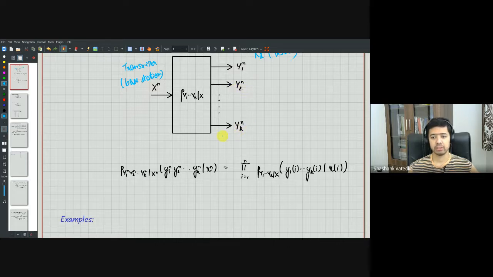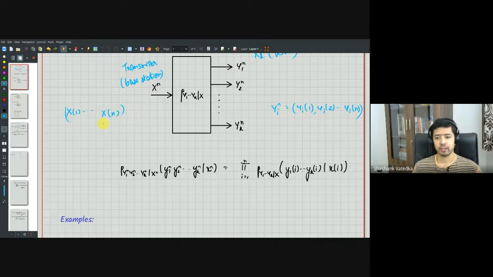So the ith receiver sees yin, which is yi of 1, yi of 2 up to yi of n.